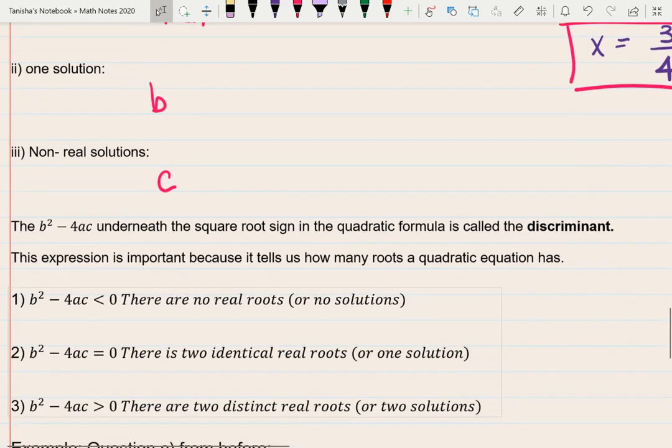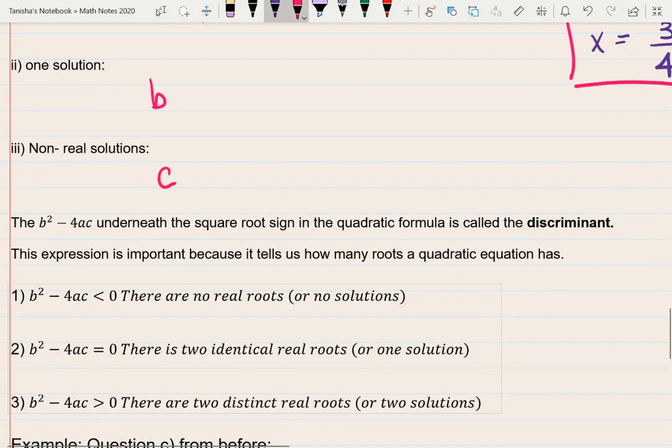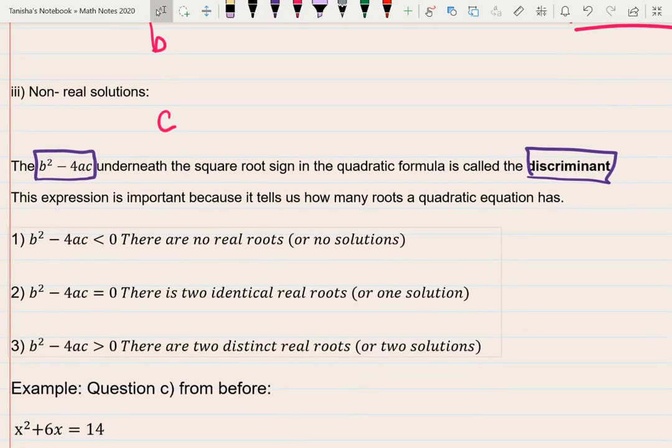That b squared minus 4ac underneath the square root in our quadratic formula is called the discriminant. So we use the discriminant to identify the number of roots or the type of root for each of our quadratic equations, if you're not specifically being asked to identify what those roots are, but you need to figure out how many roots there are.